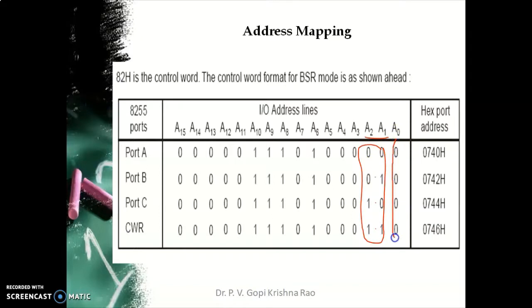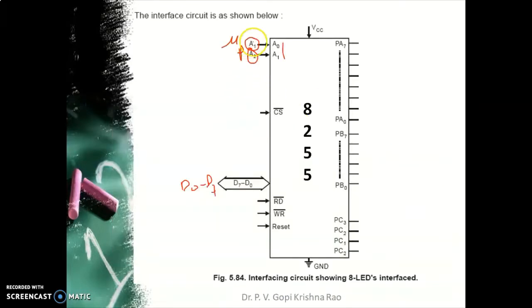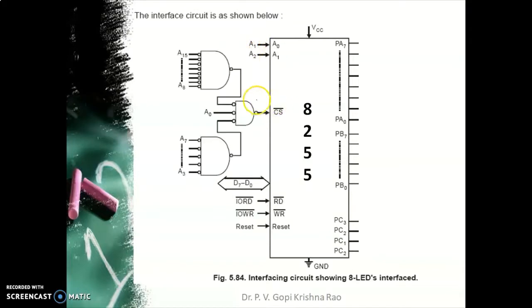A0 is made 0 to satisfy even addressing. That's the reason why we connect A1 and A2. The remaining address lines, A0 and A3 to A15, are all connected to the decoding logic.